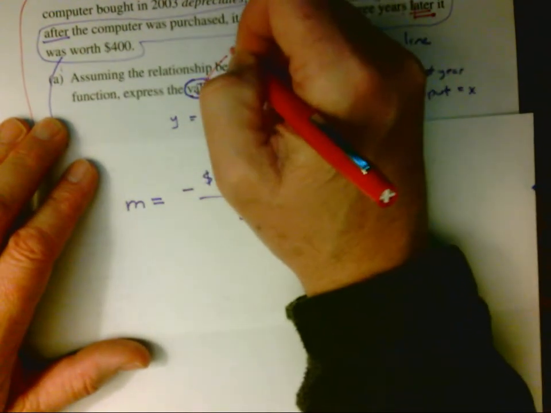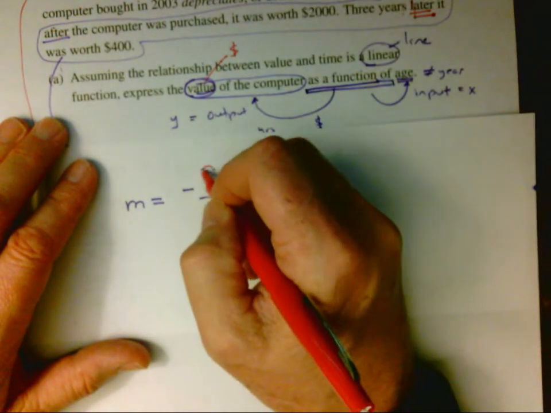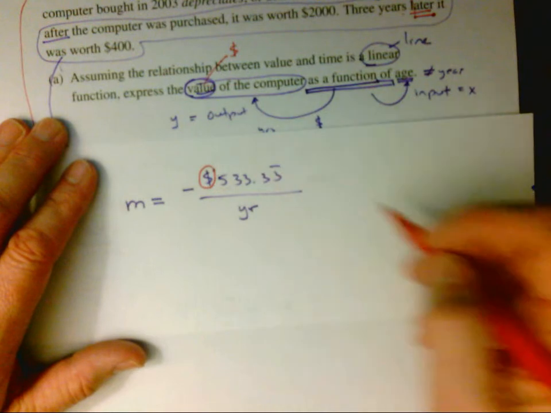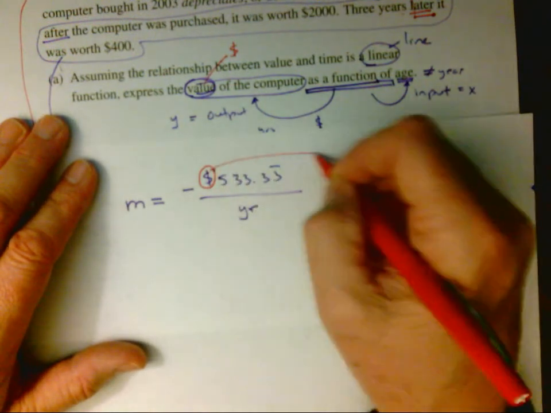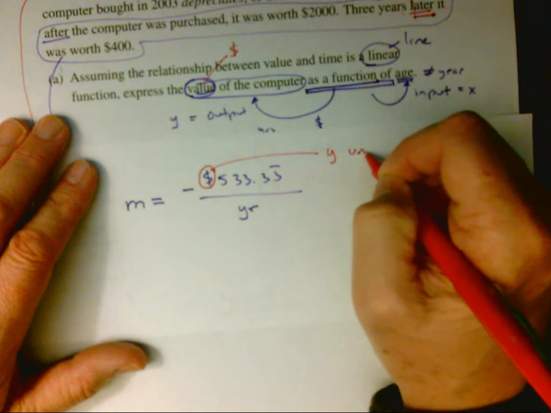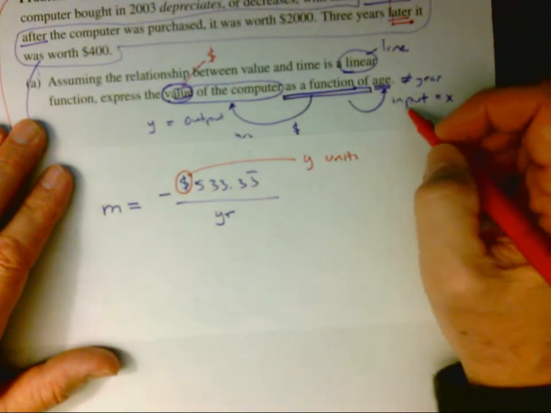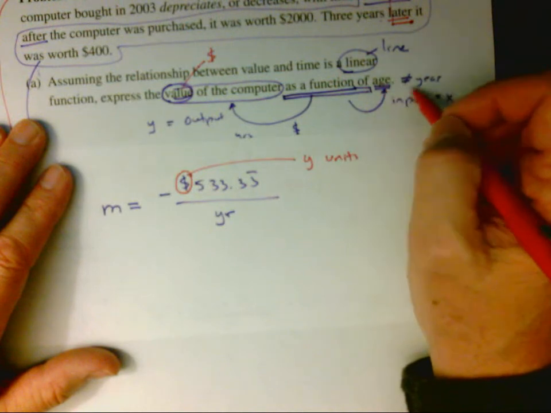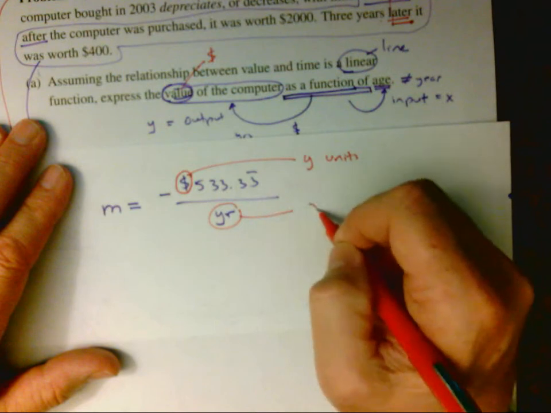The units on the value are dollars. So if your slope is correctly stated, you're going to have the y units on top, and the x was in years. It wasn't the year, it was the age, but the age was measured in years. You're going to have the x units on the bottom.